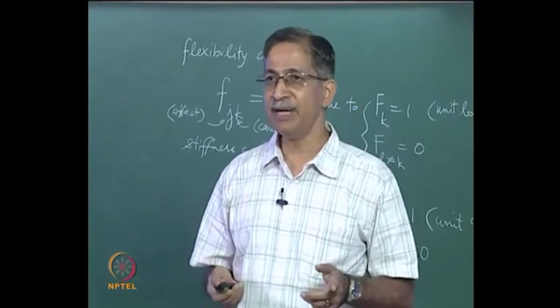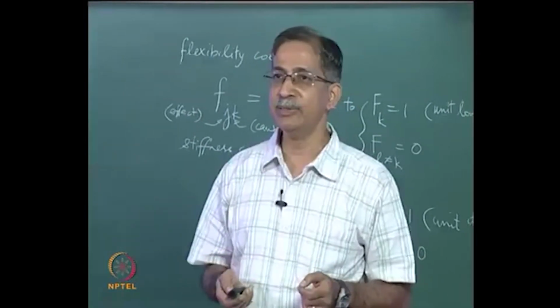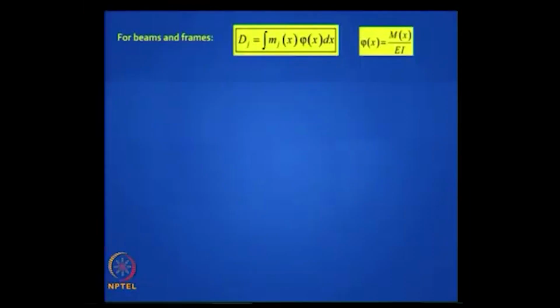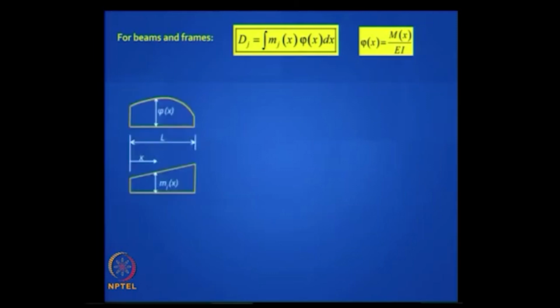So for beams and frames this would be the formula that you would use. If you want to find dj, the displacement or deflection at a coordinate j, then it is integral mj phi x dx. If the phi is caused by a bending moment, then it is m by EI. Very simple, straightforward. And if you look at it carefully, you are really multiplying two diagrams.